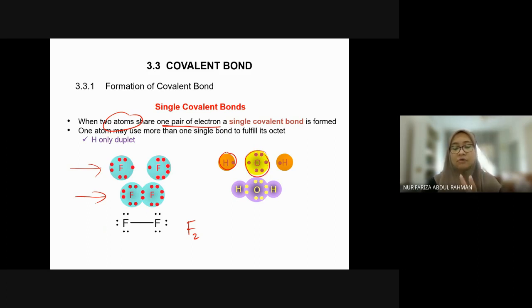So how does oxygen achieve octet electron configuration? By sharing the electron with 2 hydrogens. So hydrogen achieves octet, and oxygen also achieves octet. So when they share the electron, this is the single covalent bond.